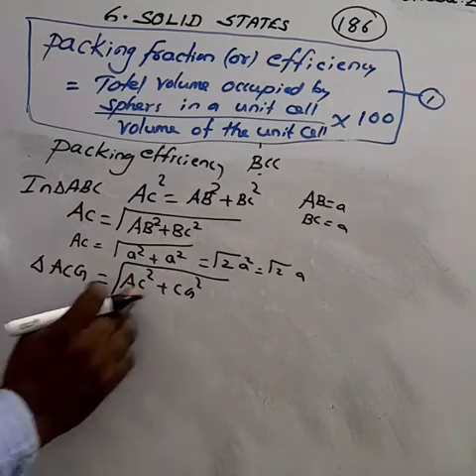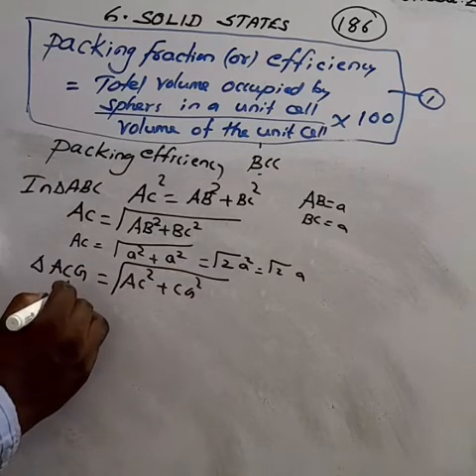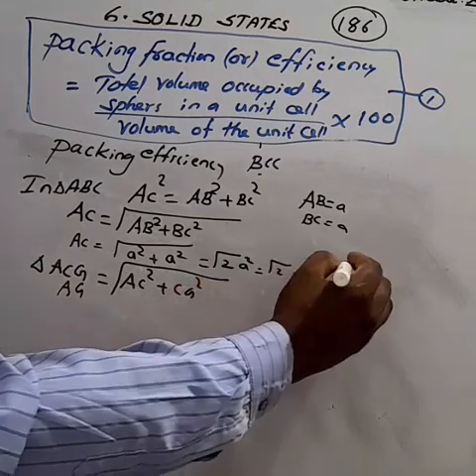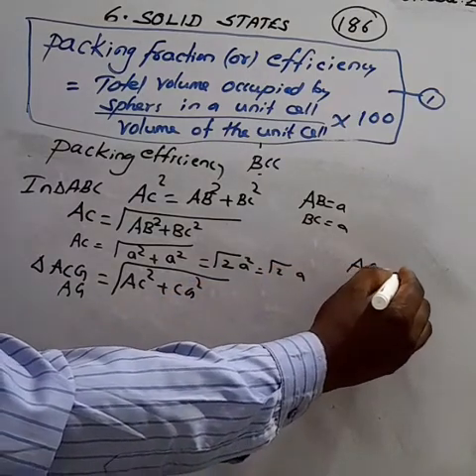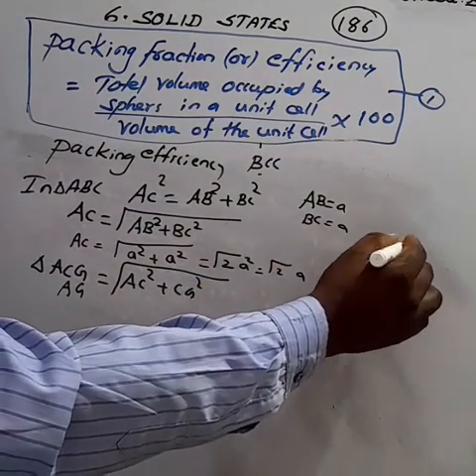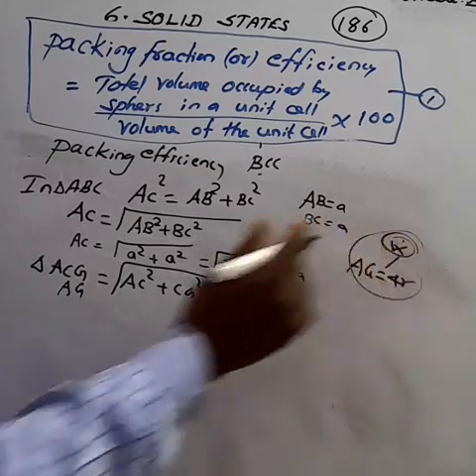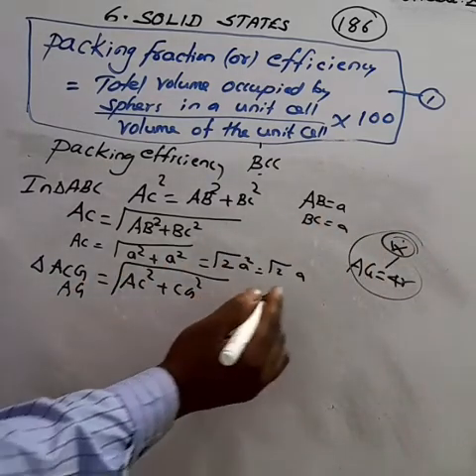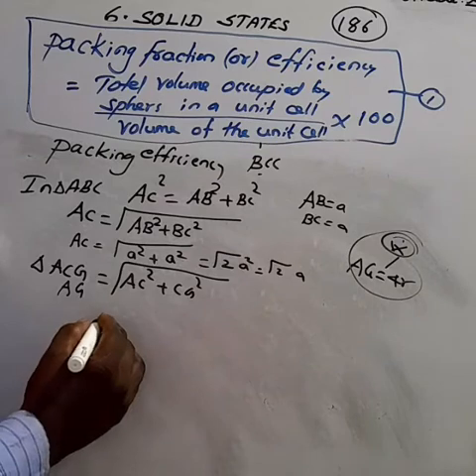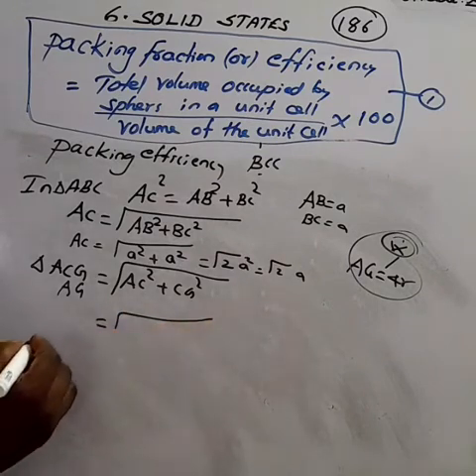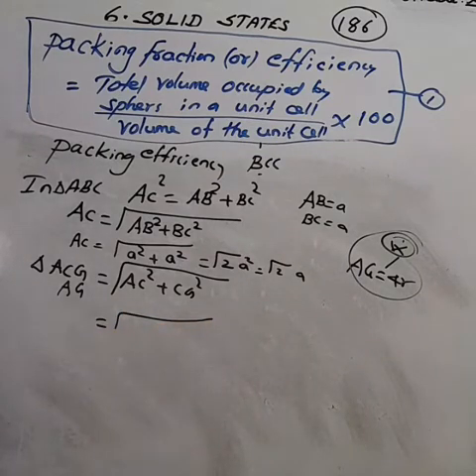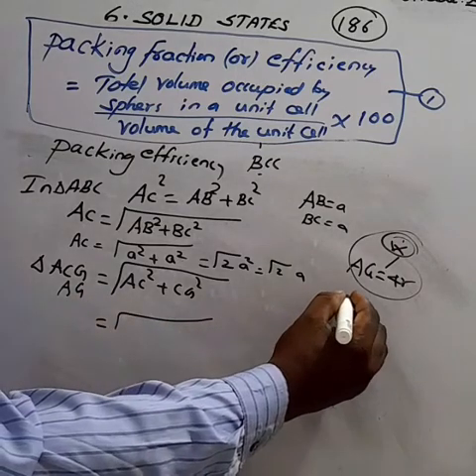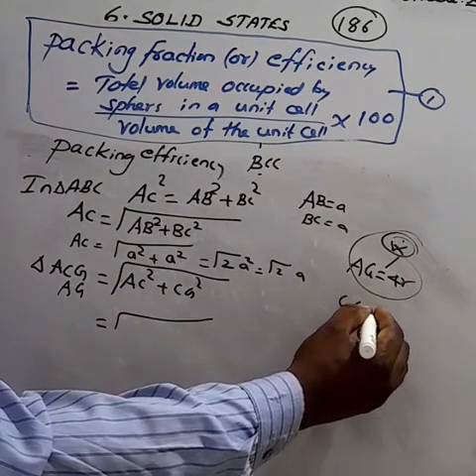Here the given value for AG, I told that previously, is 4R. And AC is root 2 a, the value is given here. And CG is a.